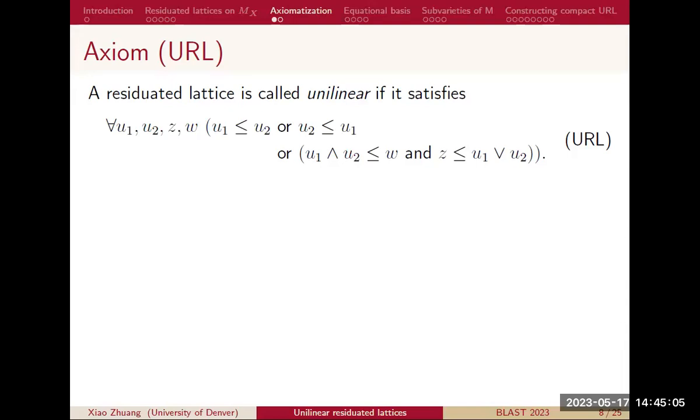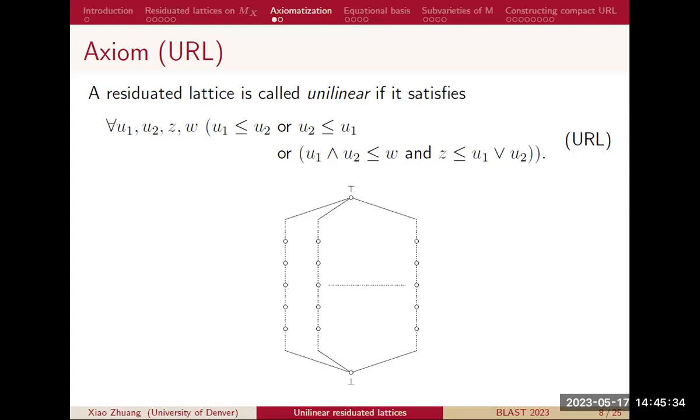This is the general diagram for that. But I want to mention that we didn't choose to add the bounds into our language. We still hope to use the most common language for residuated lattices, which only contains a constant 1, but not the extra 2 constants top and bottom. So the first axiom is for two variables u1 and u2, and it is to cover all the linear cases.